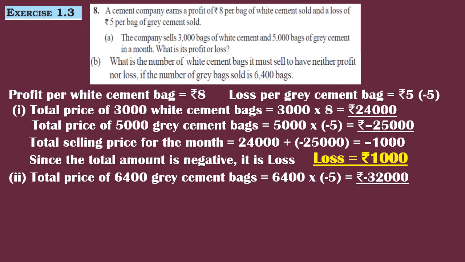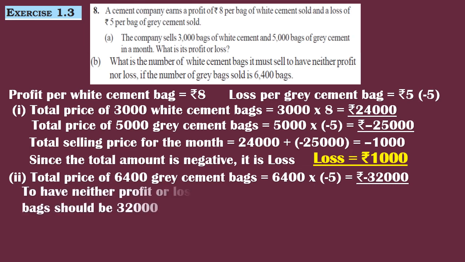So what should be the total price of the white cement bags? It should be positive 32,000. Then only 32,000 plus negative 32,000 will give you 0. So the white cement bags total selling price we should get is 32,000. The price per bag is 8 rupees.